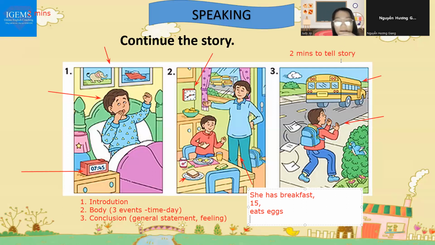The bus is yellow. Yeah. Why does she go to school late? Why? Because she get up late. Okay, because she gets up late.